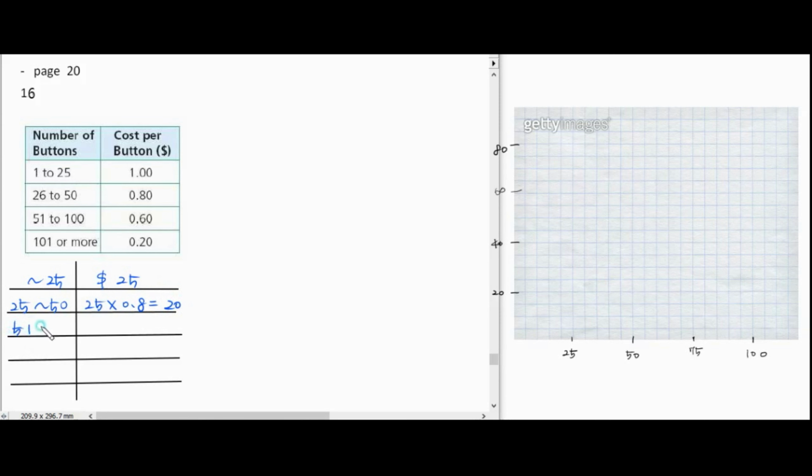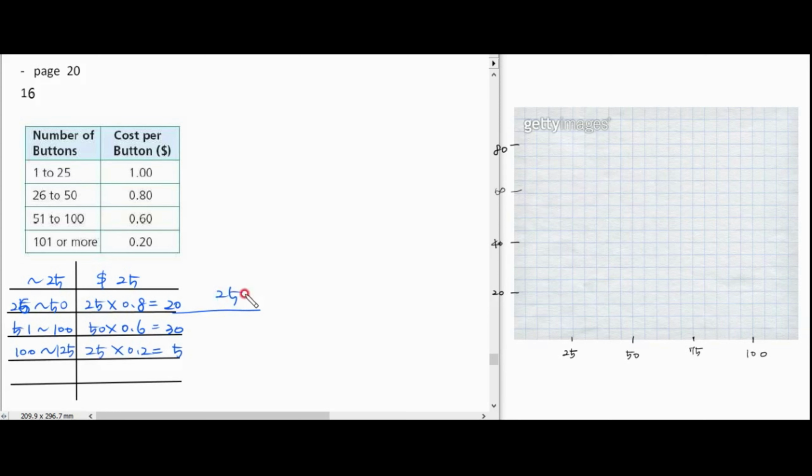And from 51 to 100, it's $0.6 per button, so it'll be 50 multiplied by 0.6, and this equals 30. And finally, over 100, let's just say until 125, it'll be 25 multiplied by 0.2, which is just $5. Now I just finished the table for each of these regions.